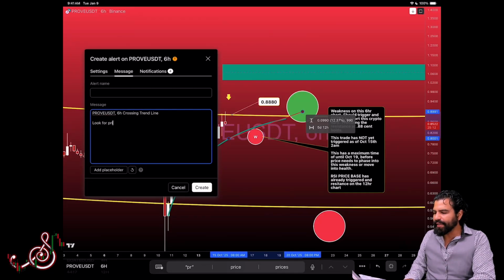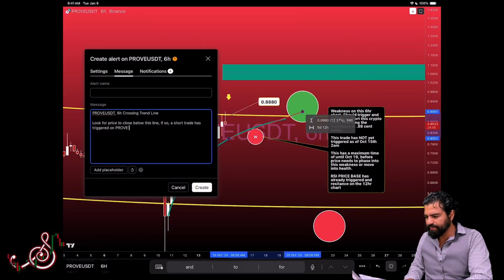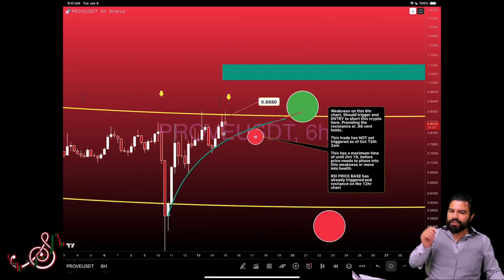Look for price to close below this line. If so, a short trade has triggered on Prove USD.